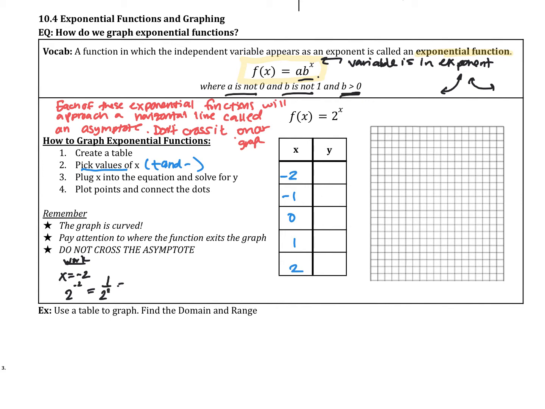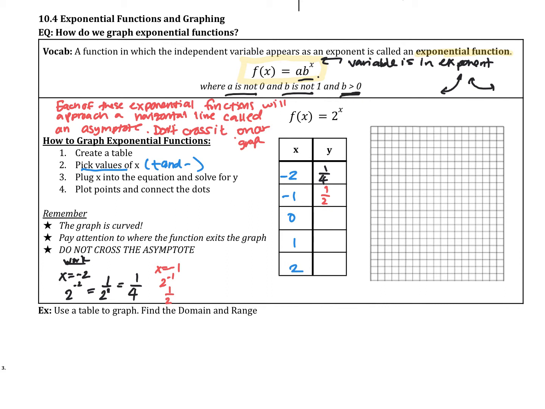So this is 1 over 2 squared, which is 1 over 4. So when we plug in -2, we get 1/4. When we plug in -1, we have 2 to the -1st power, which means we take the reciprocal and make that exponent positive, which just gives us 1/2.